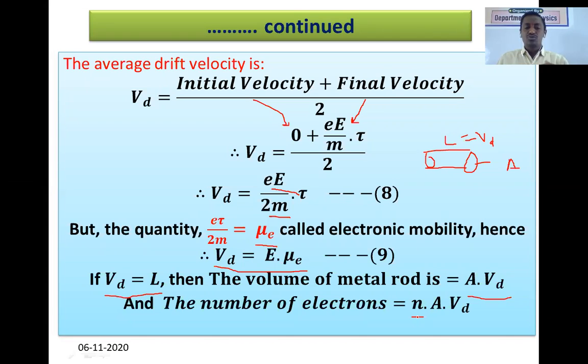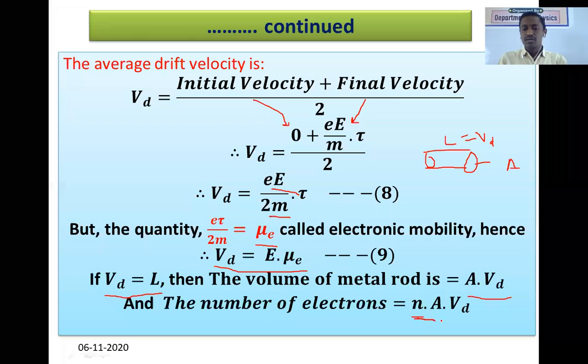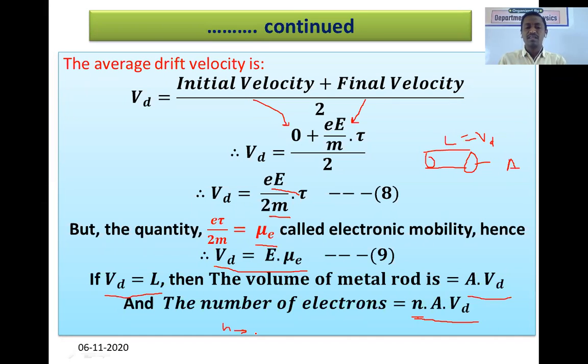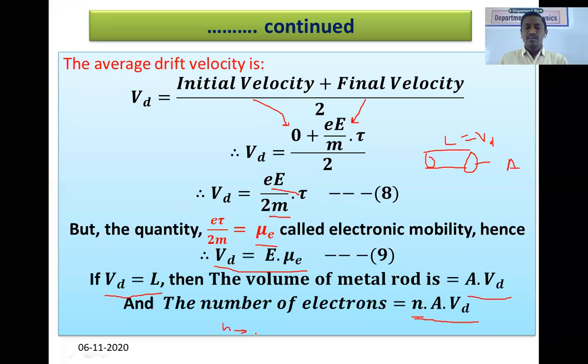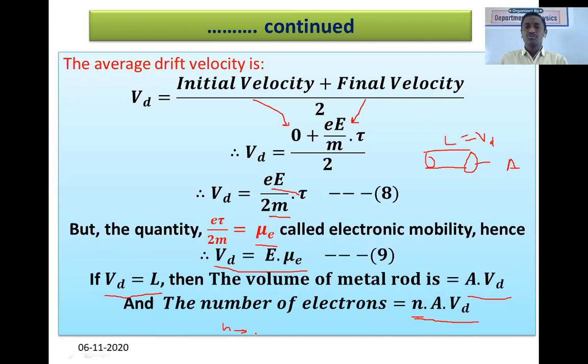Therefore the total number of electrons in the conductor will be n into A into Vd.